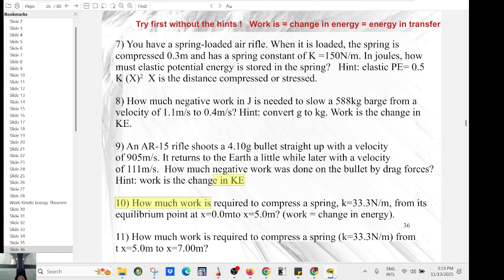All that takes us to number 7. Okay, let's do something easy. So now it's compressed, but the equation is the same.